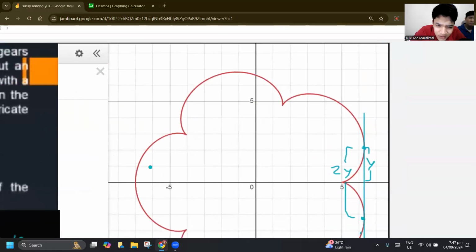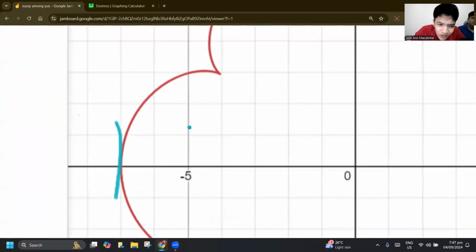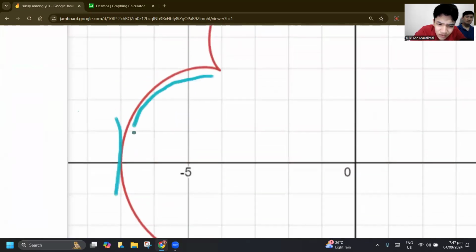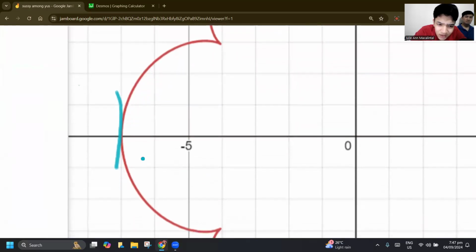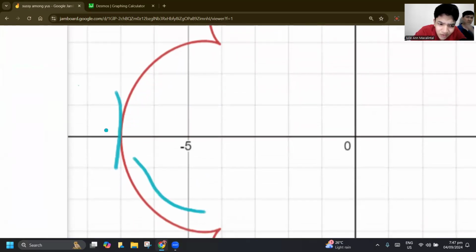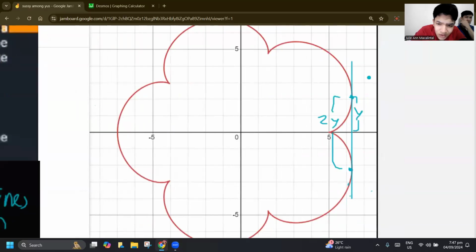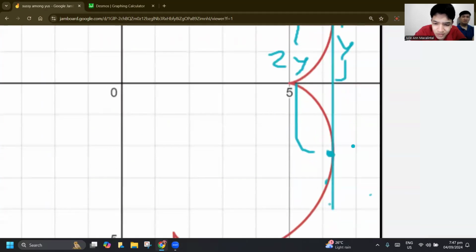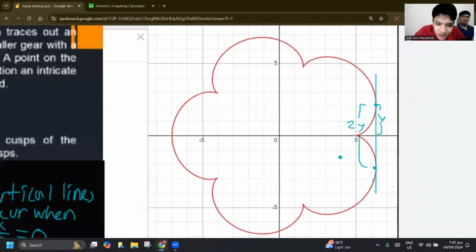Here on this arc it's going this way, so positive, but going here, actually wait, no, it's going this way since it's counterclockwise, so x is going negative, and then here it's becoming positive again. So what are these points? It's when the rate of change of x is 0.